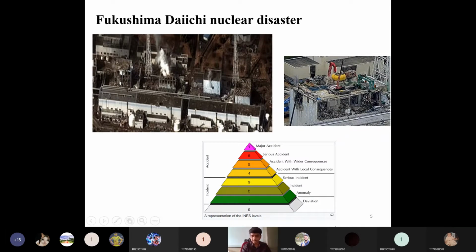Level 7 accident means, you can see here, in the IAEA classification there are many levels from 0 up to 7. Levels 0 to 3 are incidents. You may know the difference between incidents and accidents. Depending on what type of accident it is, they classify the level.